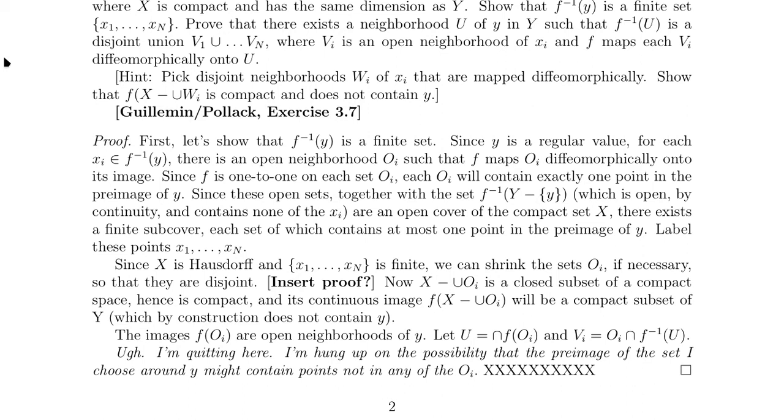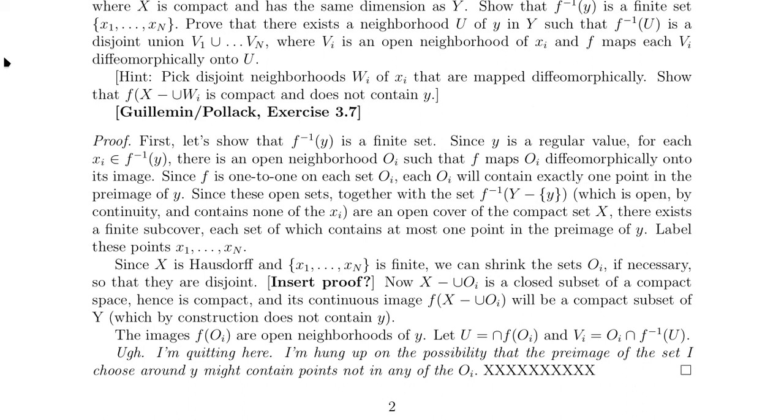Right. Okay, so we have to prove that this is actually Hausdorff, right? I don't think we have to prove that. No, we have to prove that if you shrink, we can separate these guys by open sets. Okay.